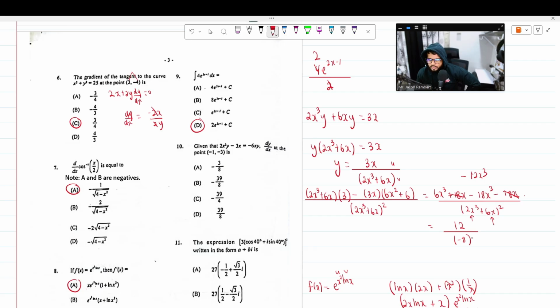Minus 8 squared is 64. So 12 on 64. None of them corresponds to 12 on 64.